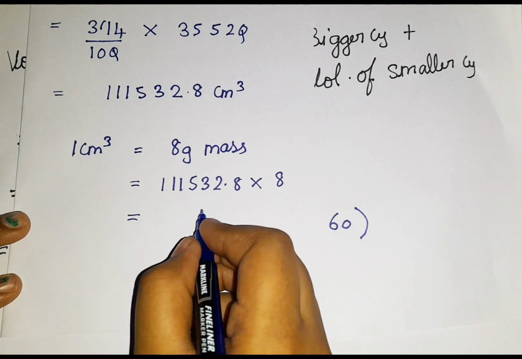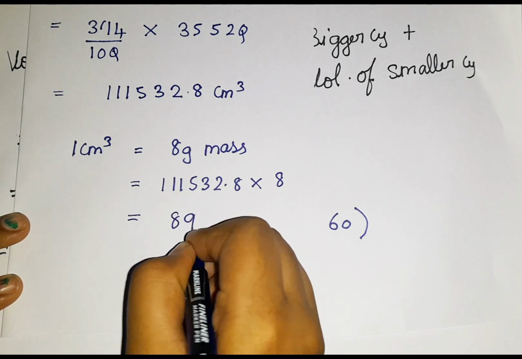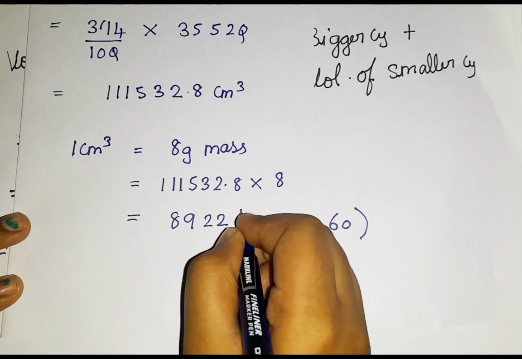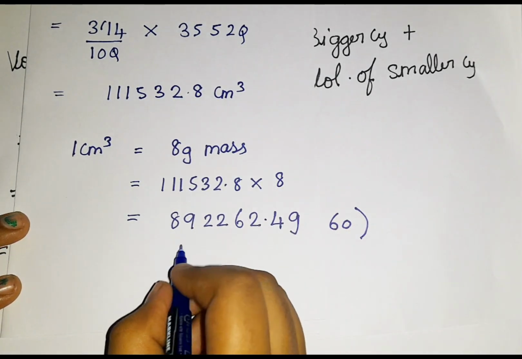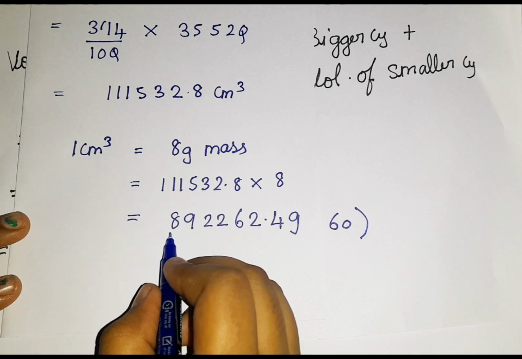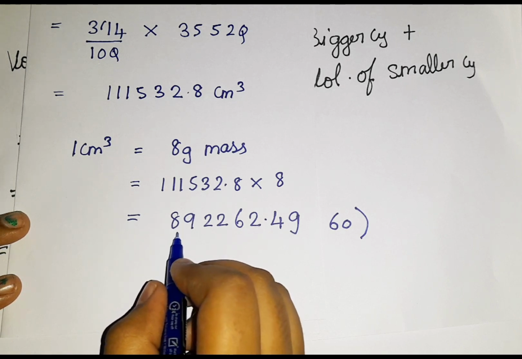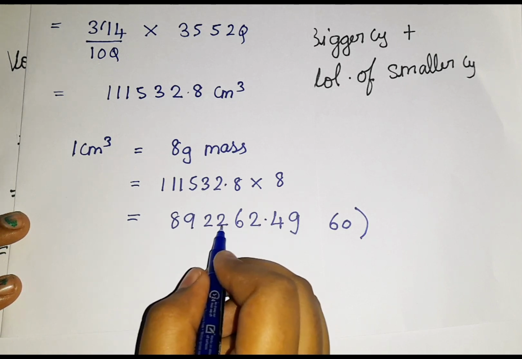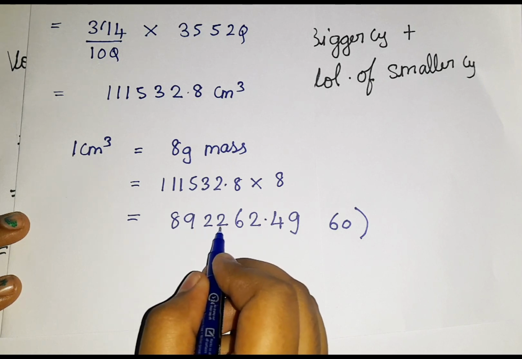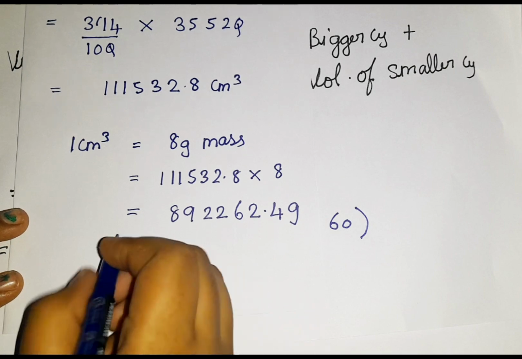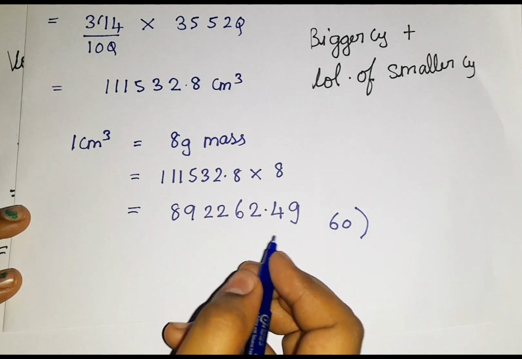So when we multiply them we get a number that is 892262.4 gram. Okay, so we can read this. So 8,92,262.4 gram.